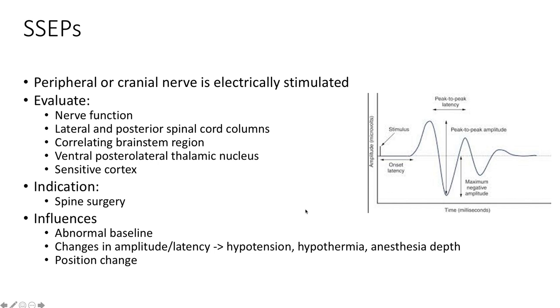The SSEPs are most commonly used for spine surgery. We are concerned when the amplitude changes by more than 50% or the latency prolongs more than 10%. That suggests there's neuronal damage. And based on that pattern, you can say on what level that most likely may be.